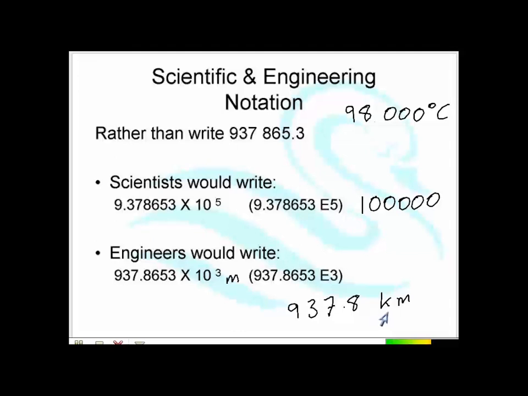So engineers always go to the nearest third, because 10 to the 3 means kilo, 10 to the 6 means mega, 10 to the 9 is giga, and they go up in nice easy prefixes.